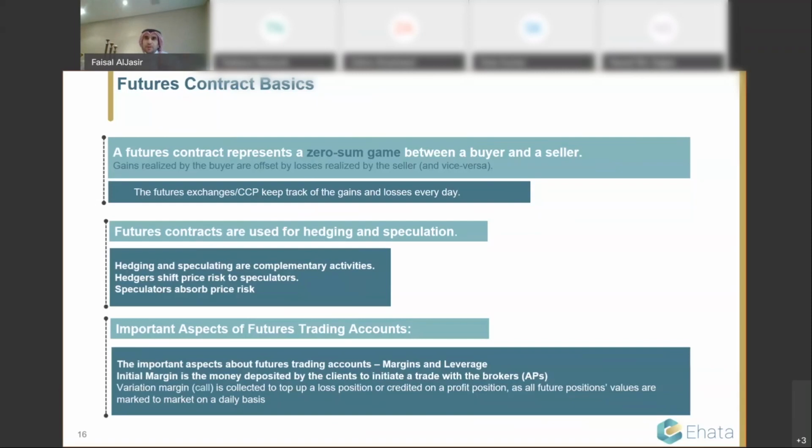We'll also be talking about variation margin, which follows the market movements, what we call mark to market, and we will be covering that. So these are important concepts: initial margin and variation margin. When you open a trade, you put in an initial margin, and we will see how that creates the leverage effect that can play in your favor or against you.